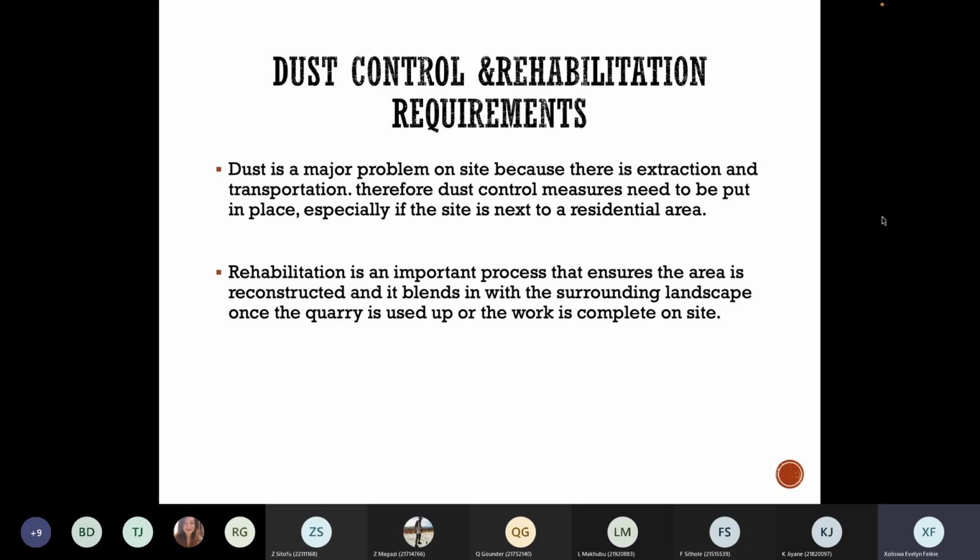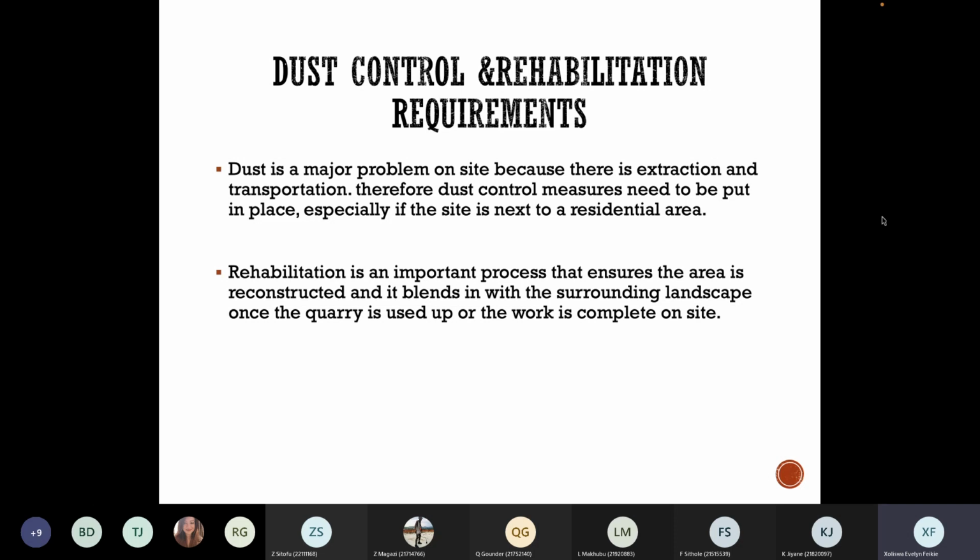They say if you have a quarry, you need to make sure that when you leave, it's as if there was no quarry before. It's important so that the area will blend in. So the quarry must blend in with the surrounding area.